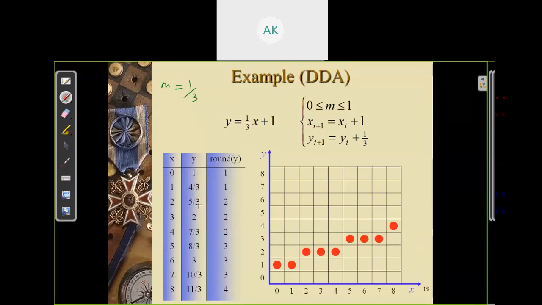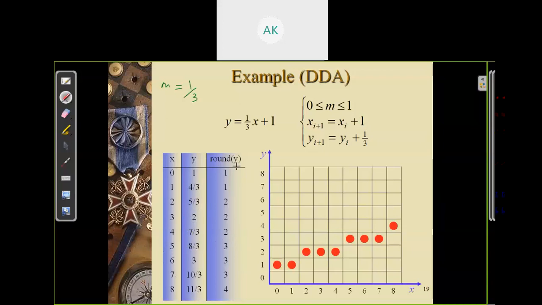Then again add your slope 1 by 3: 4 by 3 plus 1 by 3 is 5 by 3, which after round is 2. And again 5 by 3 plus 1 by 3 is 2, there is no need to round. 2 plus 1 by 3 is 7 by 3. Apply round, which is 2.